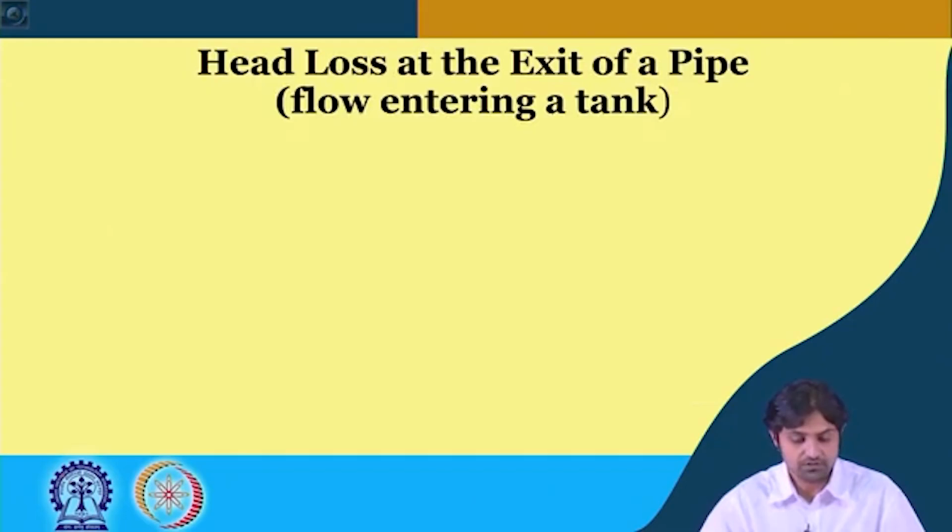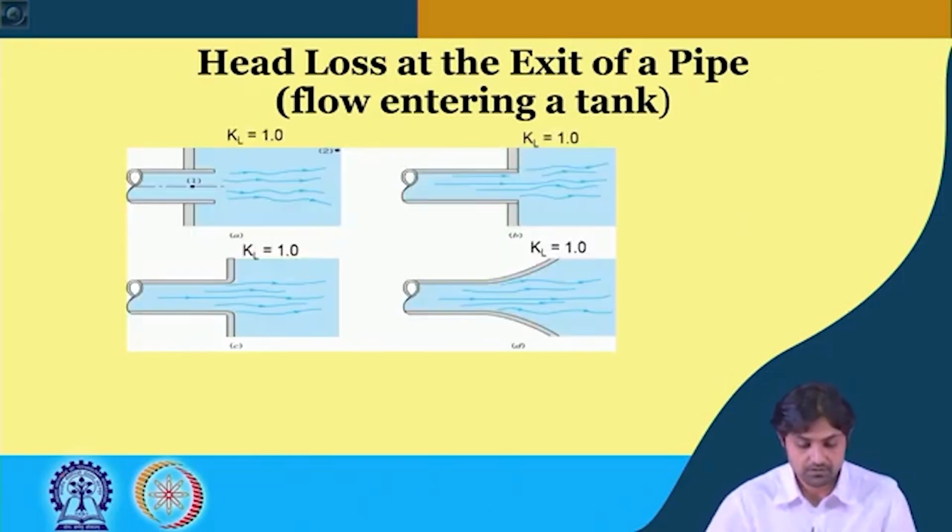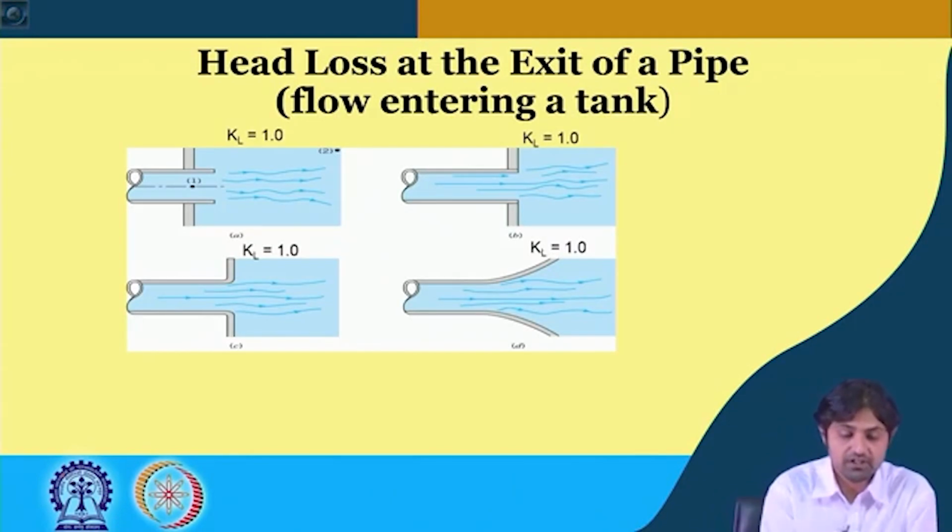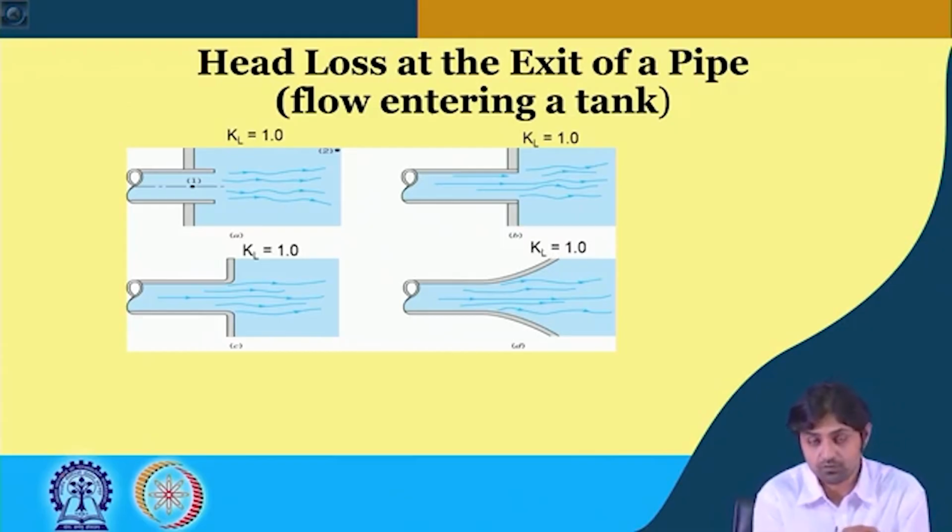Now we have talked about entrance, we have talked about contraction, we have talked about expansion, now we have talked about entrance to the pipe. Now, what is the head loss at the exit of the pipe? Something like this, when the pipe is terminating in a reservoir.